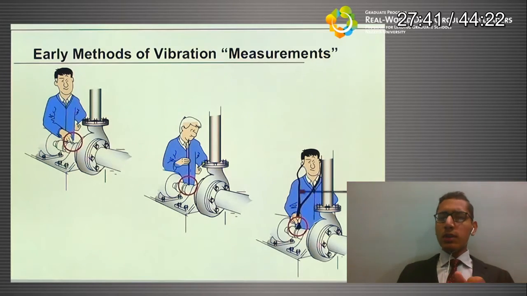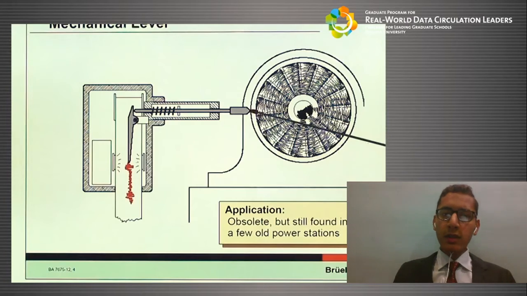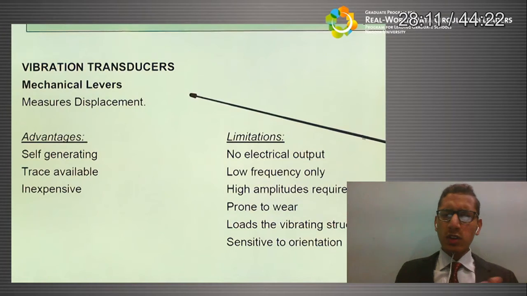But now we just use sensors. Another method was to use a mechanical lever on a shaft, and this lever would oscillate, giving us the vibration levels. It is not much used nowadays, it is outdated.